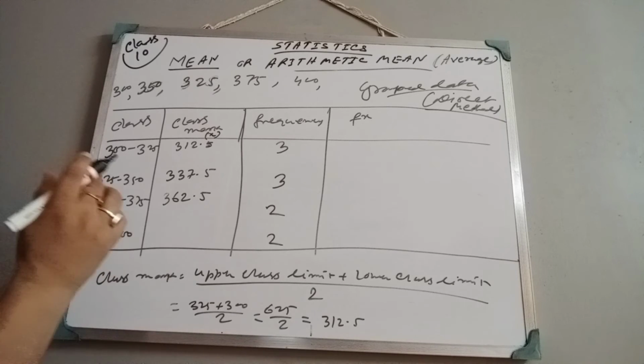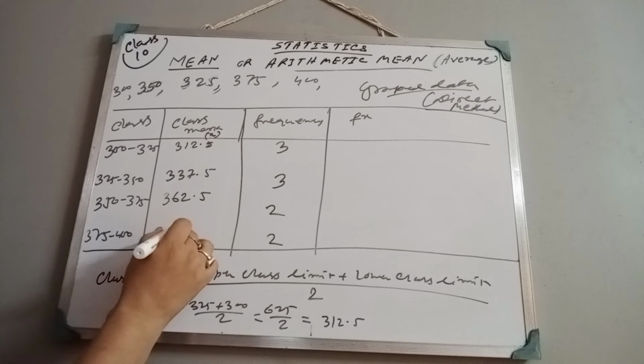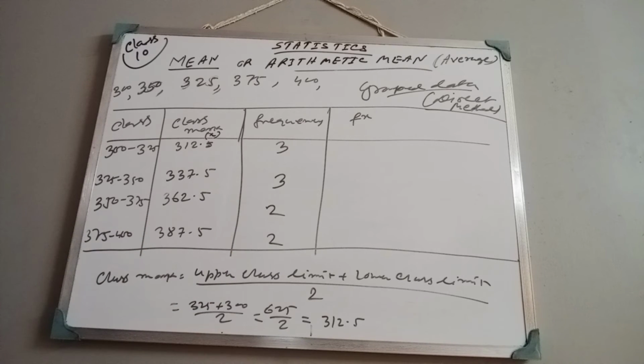Next, 375 to 400 gives 387.5. That is the class mark.